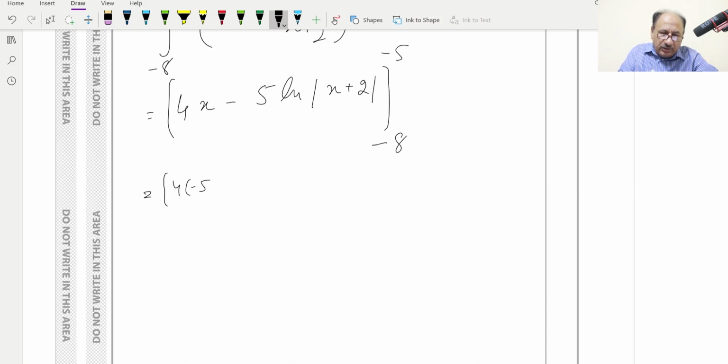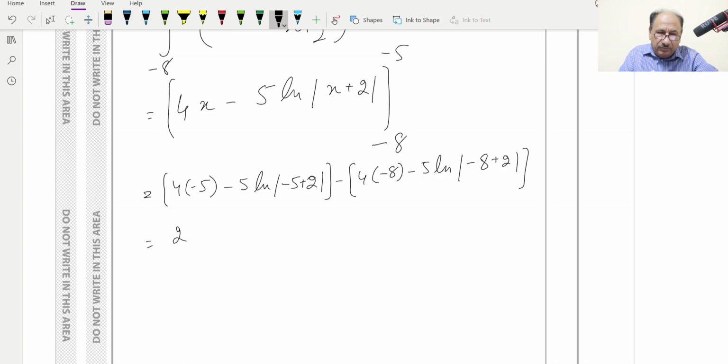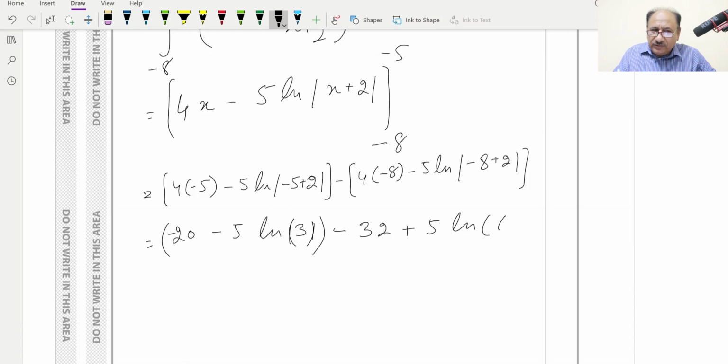It will be 4 into minus 5, and minus 5 log of minus 5 plus 2, and the bracket is closed, minus the second value: 4 into minus 8, and minus 5 log of minus 8 plus 2, and the bracket is closed. 4 into minus 5 will be minus 20, and minus 5 log of 3, taking the positive value, minus, in brackets, minus 32 plus 5 log of 6. This will be our value.